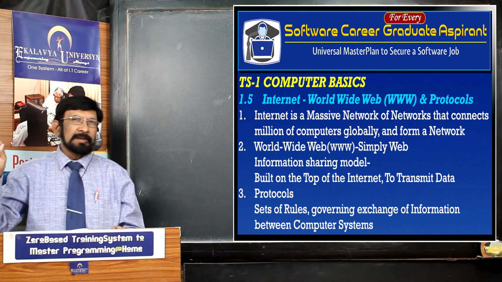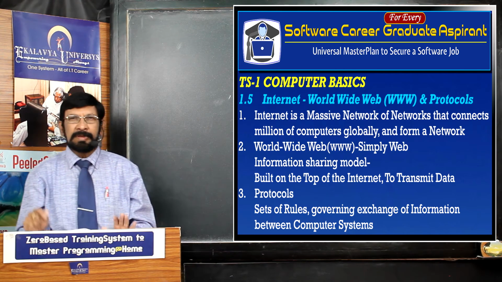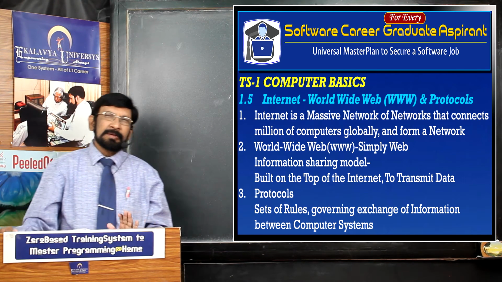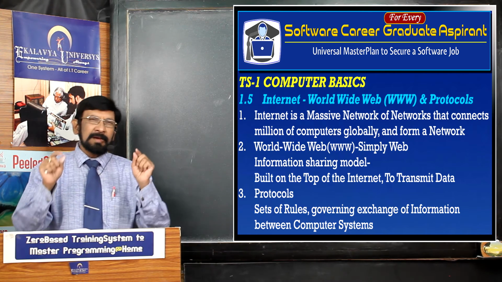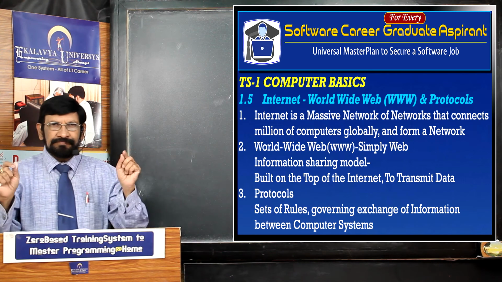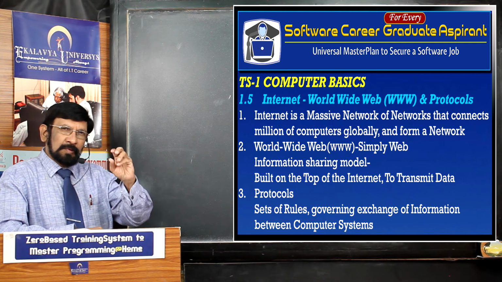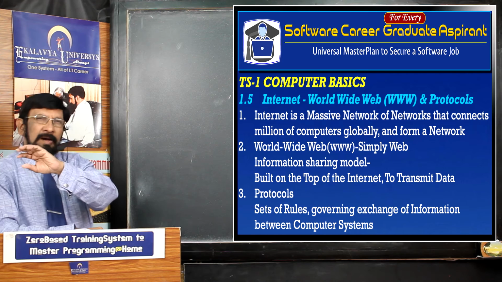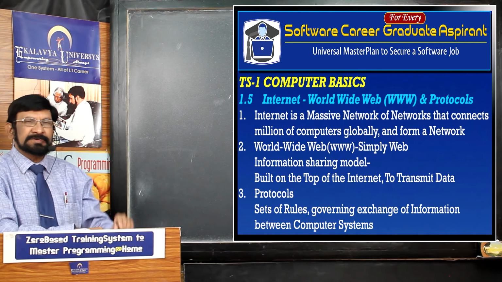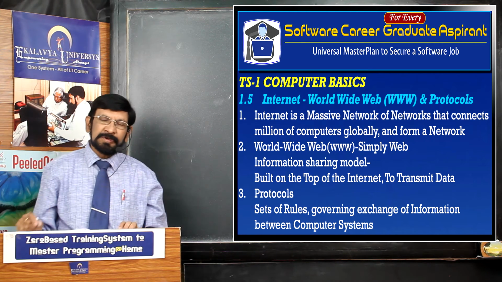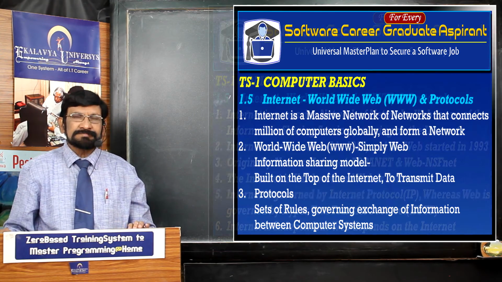It connects billions of computers globally together. Second one is web. Web is the information sharing system. Protocol is a set of traffic rules to govern the transportation or transmission of the information through broadband.